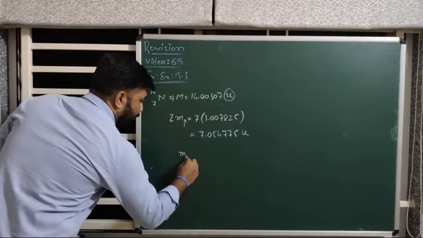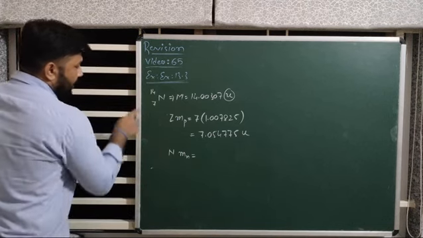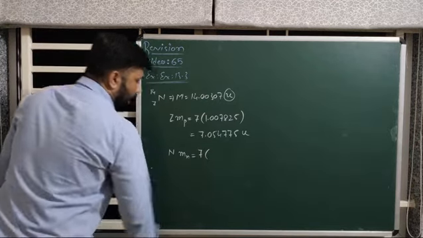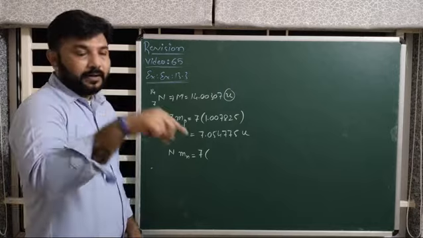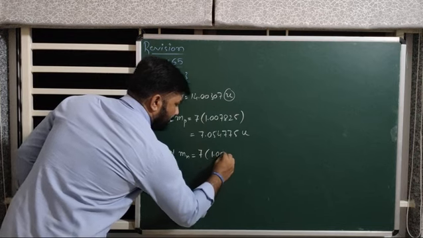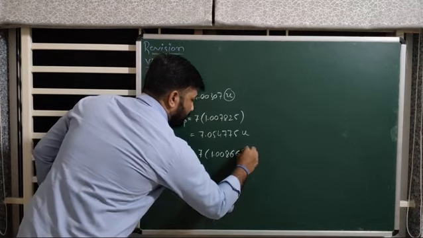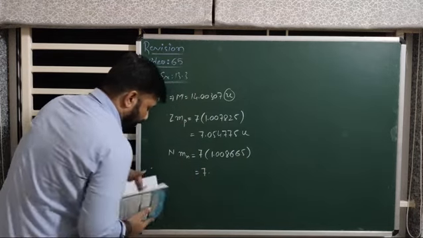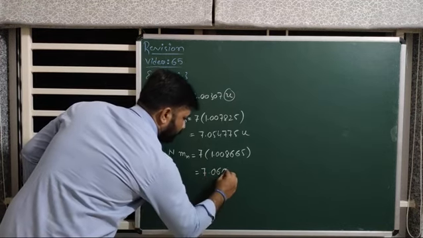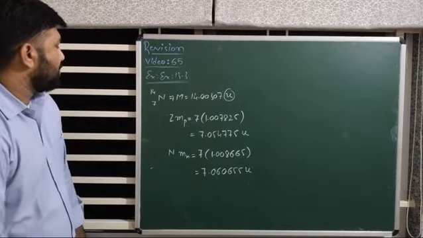Then the mass of neutron. How many neutrons are there? That is A minus Z, 14 minus 7. So again 7, and each neutron has a mass of 1.00865. So it is 7.060655 U, that is atomic mass unit.